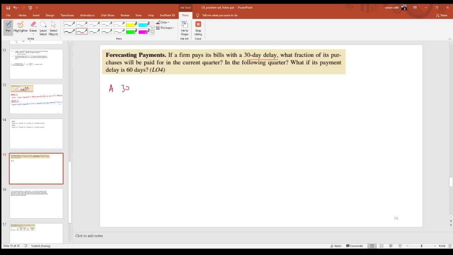A 30-day period is 1/3 of a quarter. So 1/3 of the purchases will be paid in the next quarter, and 2/3 of purchases will be paid in the current quarter.